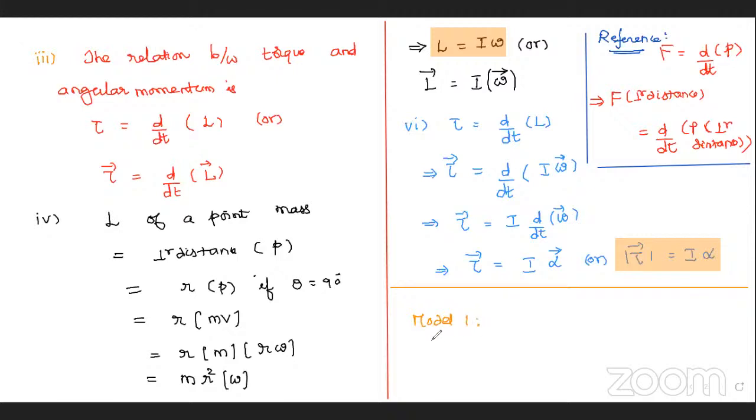No, it is not a moment of inertia model, it is just model number one. Model number one is when a body is moving, or in this chapter we have to say rotating, not moving, rotating with uniform angular acceleration.